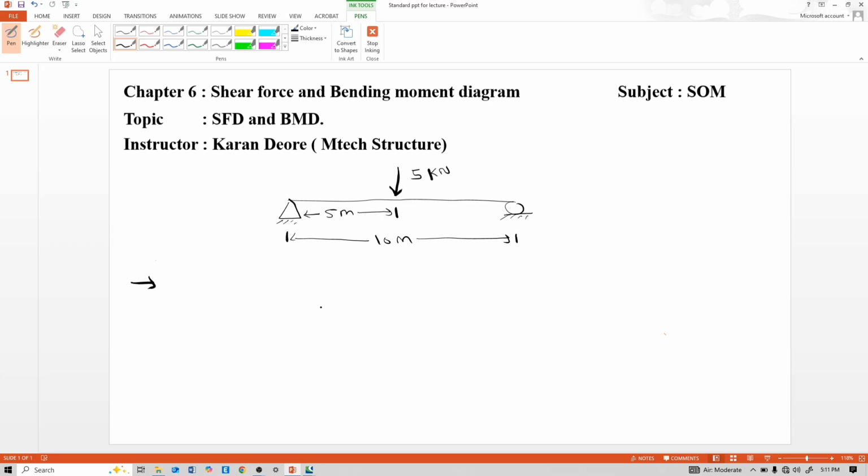First, this is the beam. Now, the first step is to draw the free body diagram of this beam. Free body diagram means we need to remove the supports.